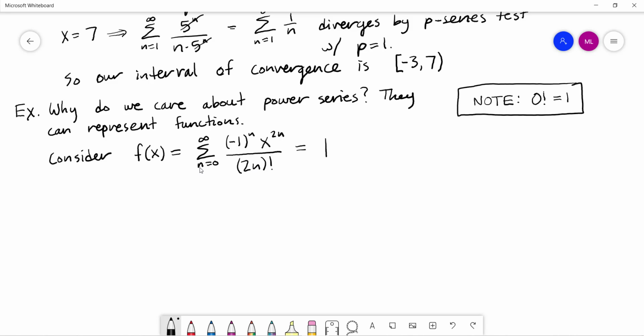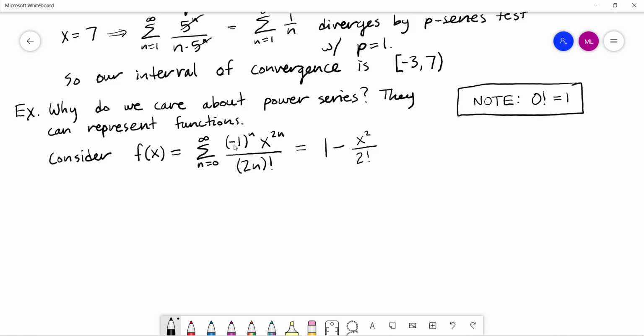Now let's plug in n equals 1. I'll get -1 to the first power, so I'm going to get a minus sign out of this. That means the next sign is going to be a negative. I'm going to get x squared in the numerator, and in the denominator, I'm going to get 2 factorial. Now let's plug in n equals 2.